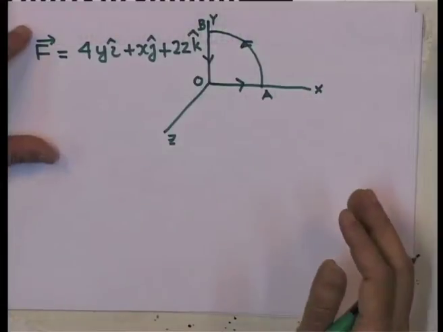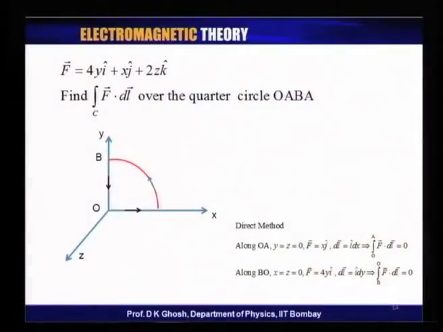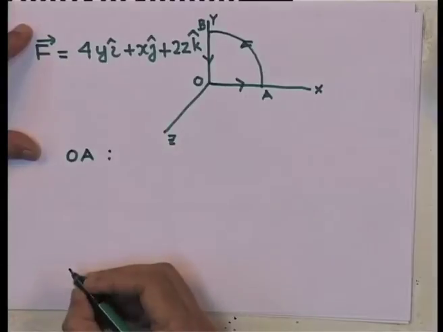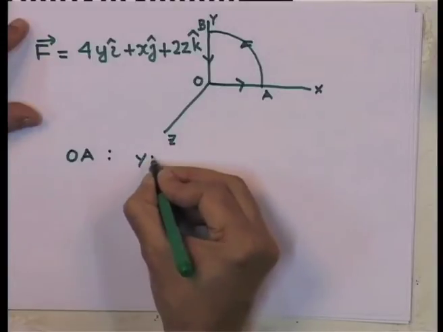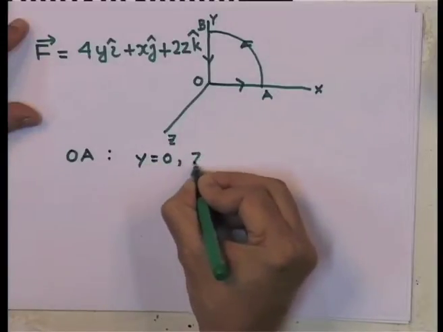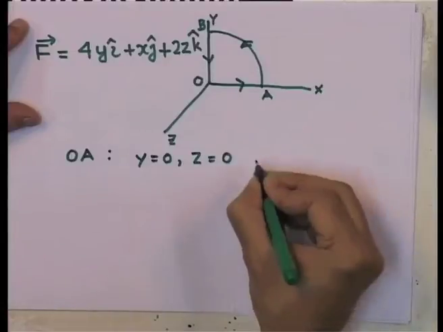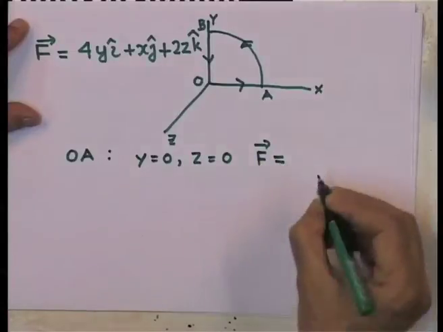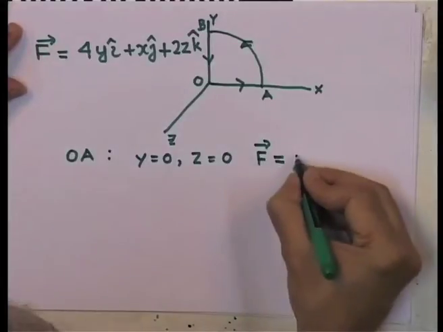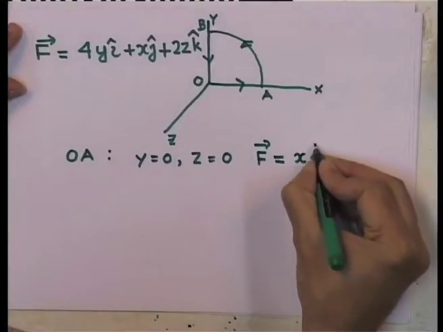So, what I do is, like the way we have given other examples earlier, let us take along OA. Now, along OA, notice y is equal to 0 and z is equal to 0. That gives me the force field to be very simple. I am simply left with x along the y direction.